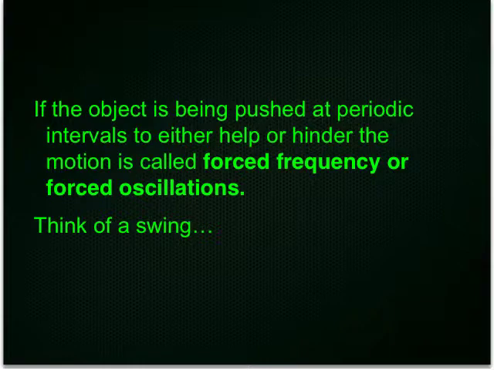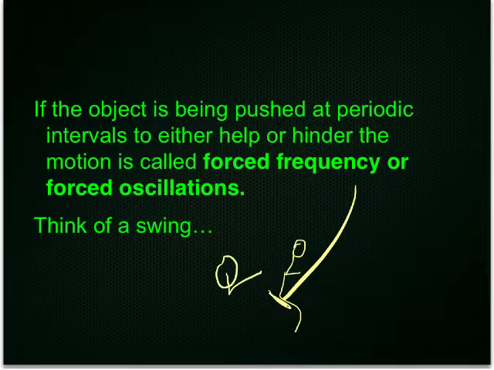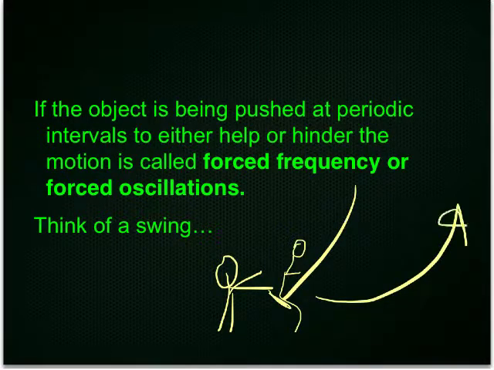So think of a swing. So let's say we had our swing. Here's a person sitting on the swing. And if you keep pushing them, so there's another person here pushing. Funny looking person. If that person keeps pushing, then it can increase the energy. In other words, the amplitude will get larger.